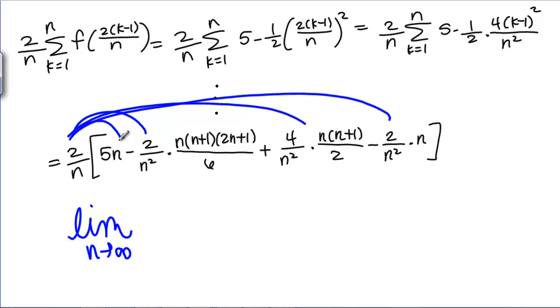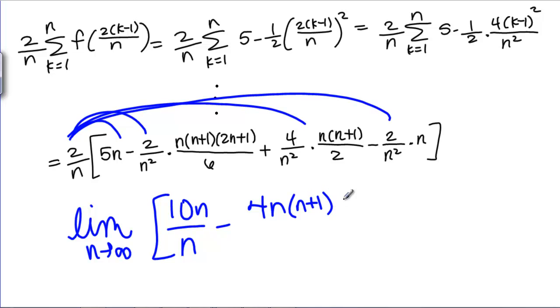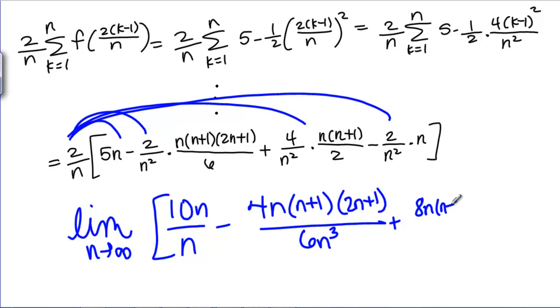So we're going to be taking the limit as n goes to infinity of 10n/n - 4n(n + 1)(2n + 1)/6n³ + 8(n + 1)/2n³ - 4n/n³.